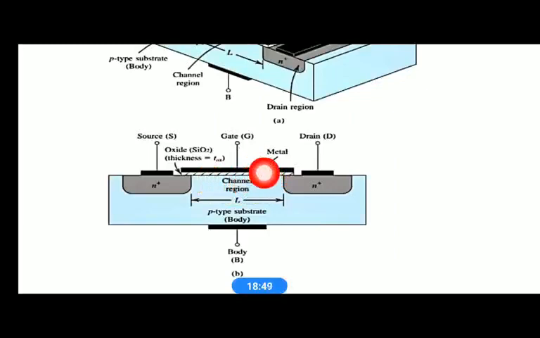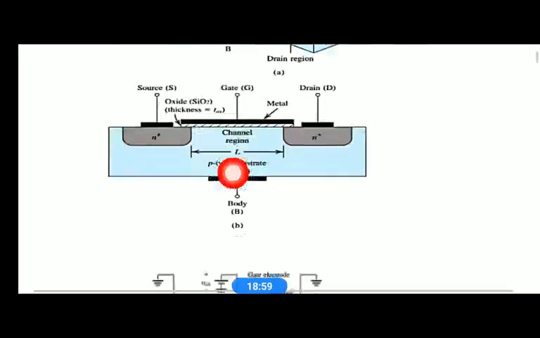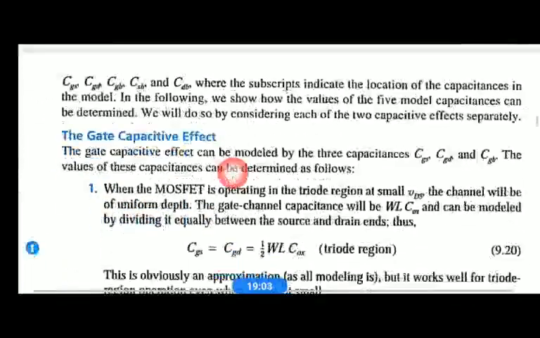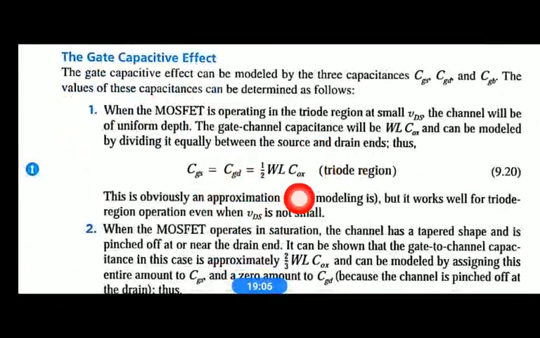So this total capacitance, W into L into COX, is divided by 2: half is referred to as CGD, and half is referred to as CGS.